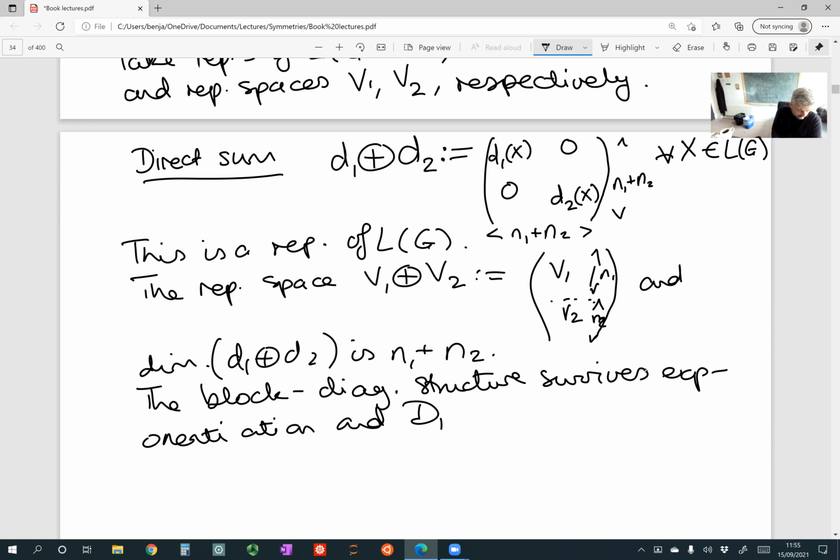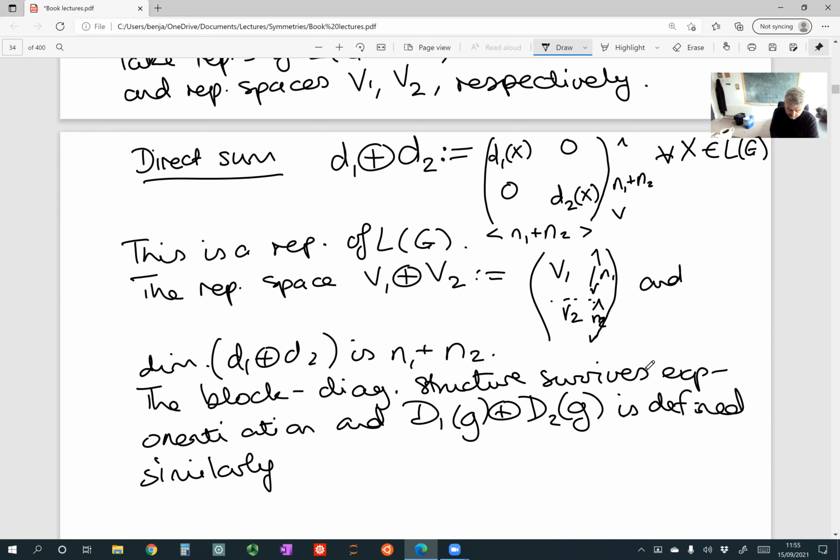And so D1(g) plus D2(g), where these are the exponentials of the little d1s, is defined similarly, and it has the same representation space.